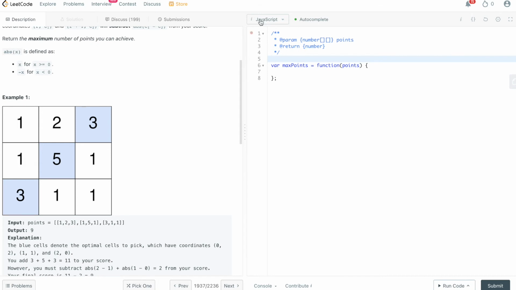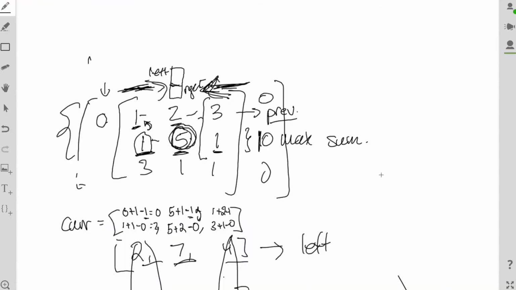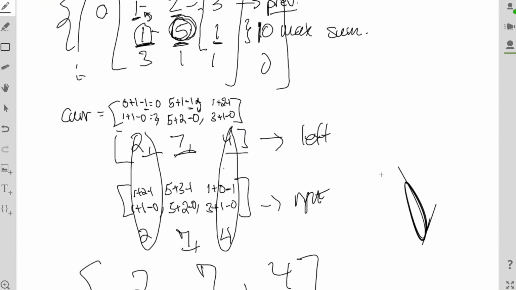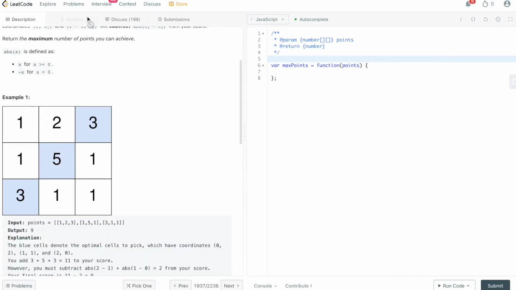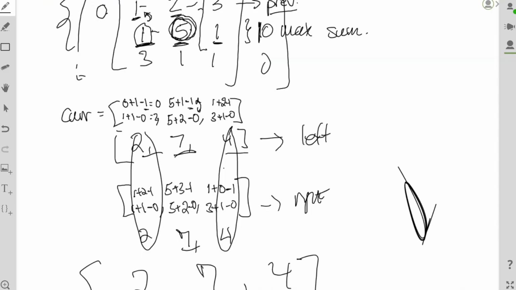Oh, right. Okay. So the reason why this works is because imagine that we are dealing with a situation where, let me just draw this again: 1, 2, 3, 1, 5, 1, 3, 1, 1, right? So we have these left and right maximum accumulators.